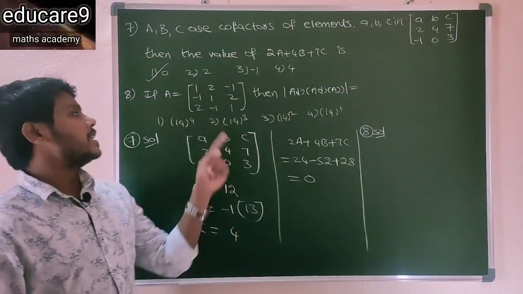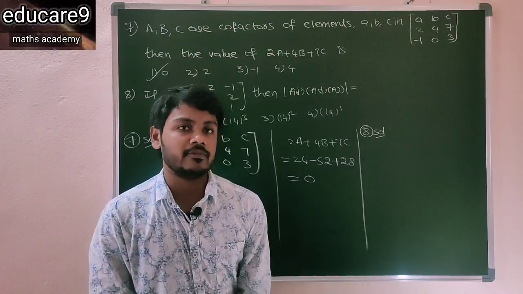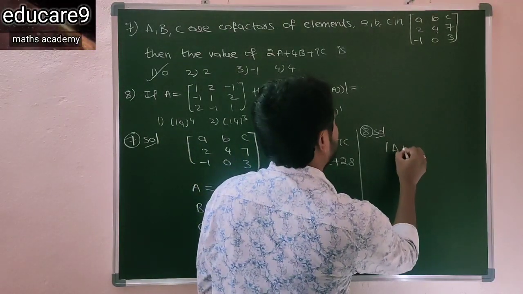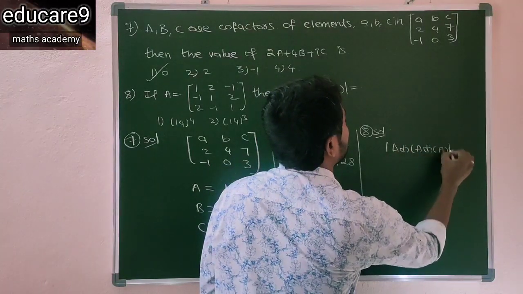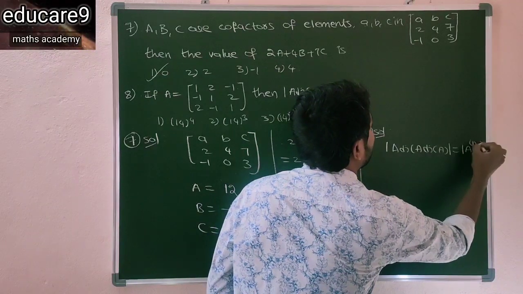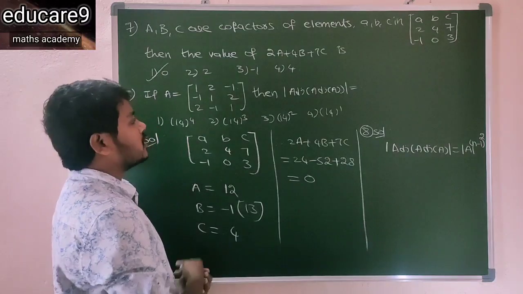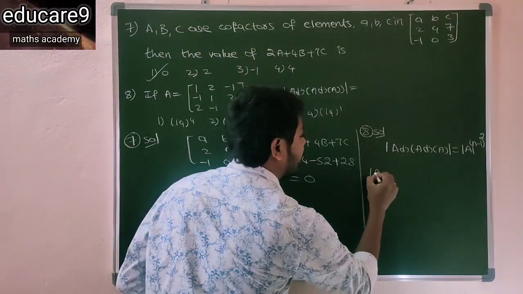Next, see the eighth solution. Here the matrix A is given, then find adjoint of A. So we know that determinant of adjoint A is what? That is determinant of A whole to the power of n minus 1 whole to the power of 2. So first you need to find determinant of A. So what is determinant of A?